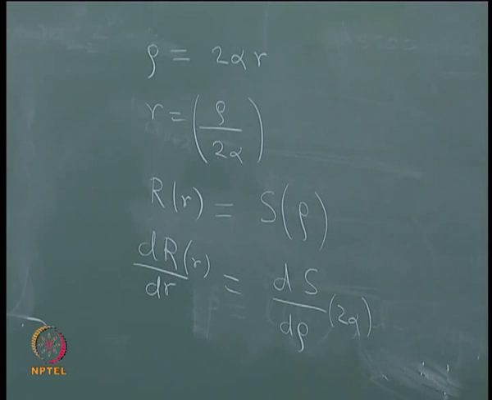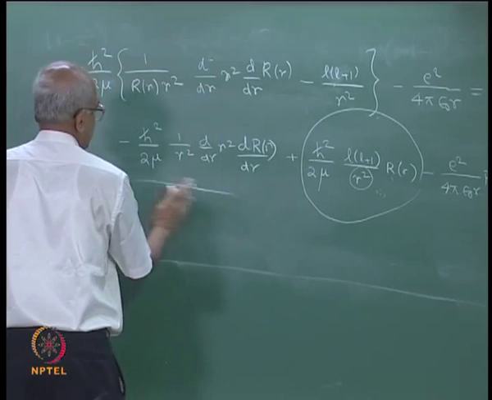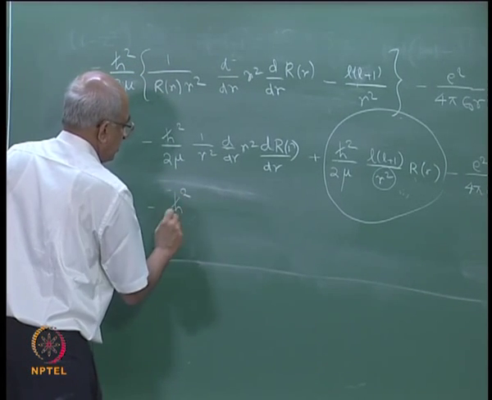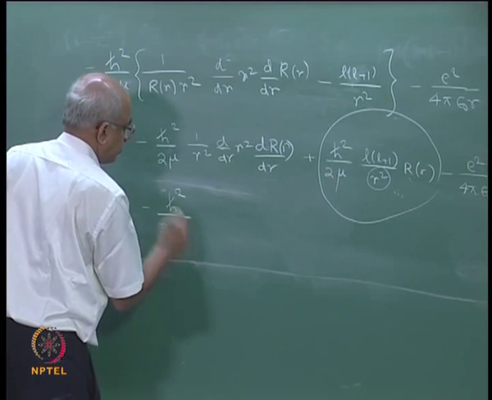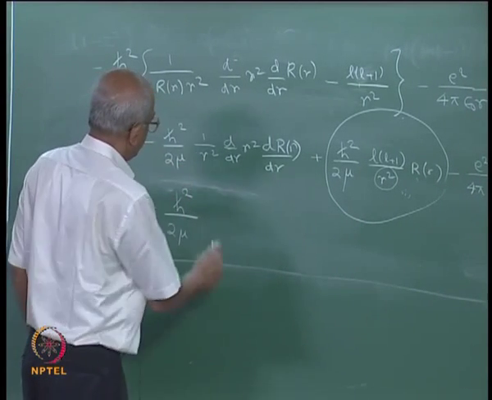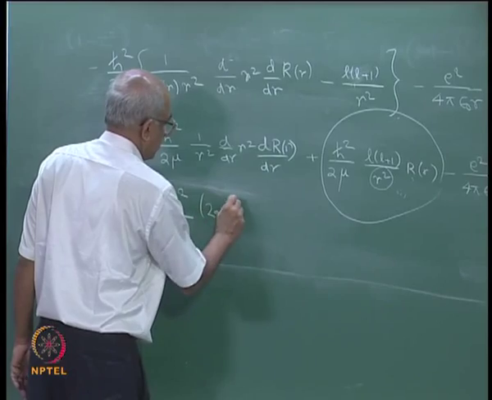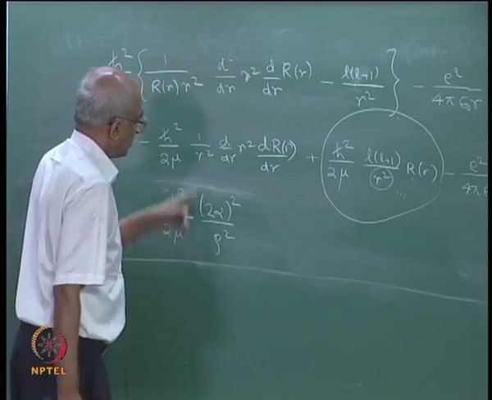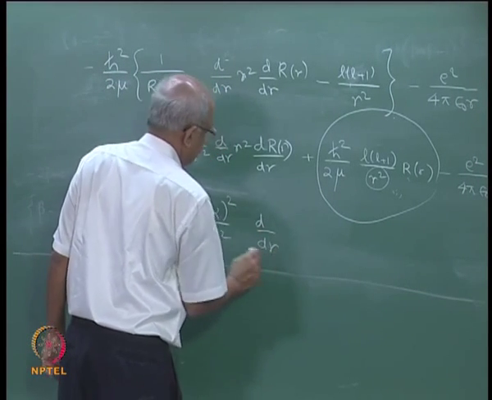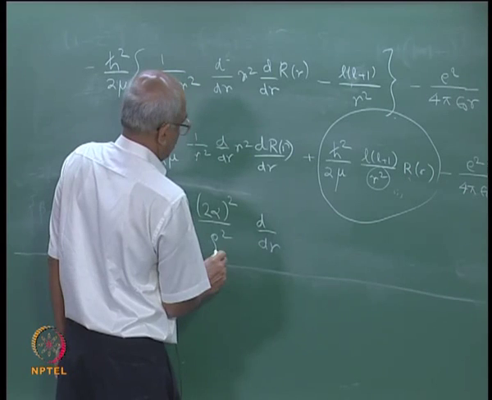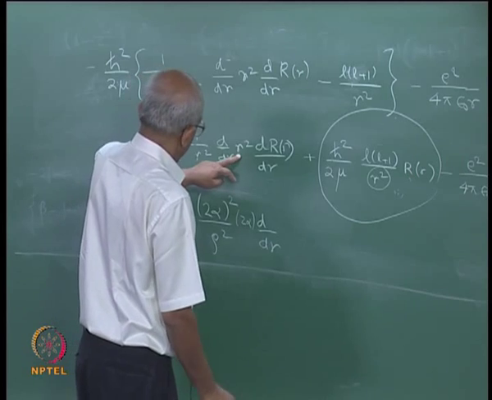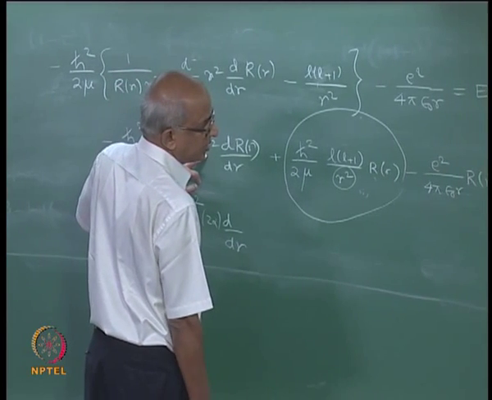So, you can do exactly the same thing with all the terms here, and what would be the result? I hope I can just write the new set of terms, 2 mu. What will happen to r square? I am going to get 2 alpha the whole square divided by rho square, right, this one, while d by dr will give me another 2 alpha in the numerator.